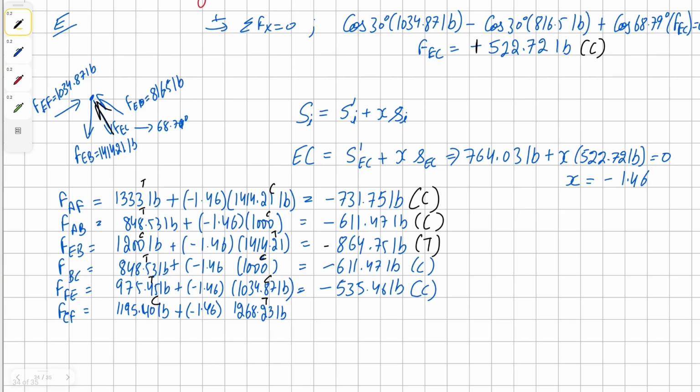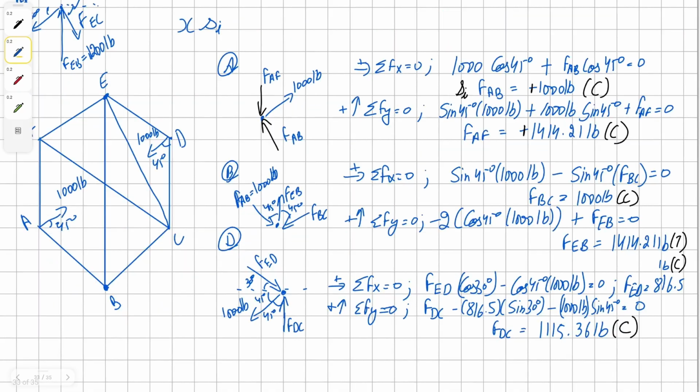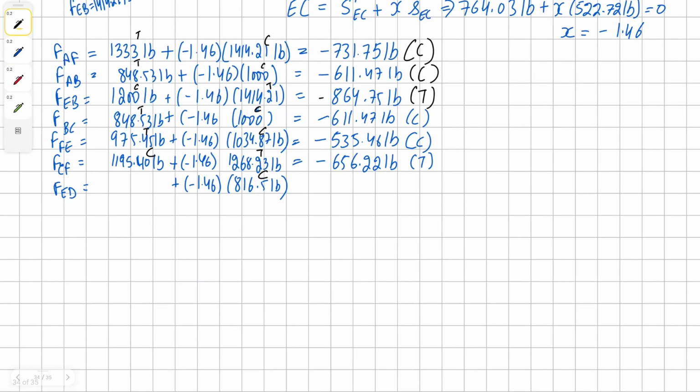The other one was compression. Solving for CF, we get a solution as negative 656.22 pounds, and it's in tension. Now we have ED, which is only our petite S. It was in compression.